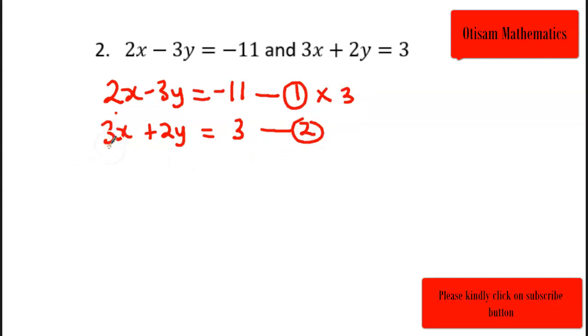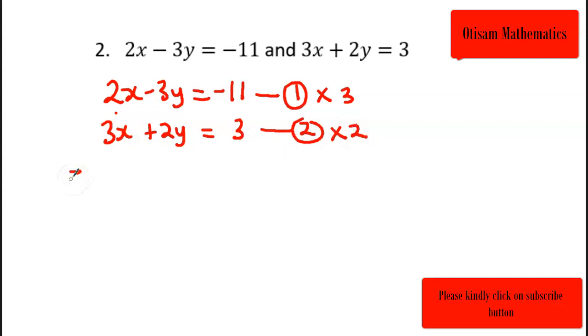Then what should we multiply by 3 so that we get 6? Answer is obvious, 2. So we are going to multiply equation 2 by 2. Remember, it's not only this term that you multiply by 2. You have to multiply through, each of the terms by the 2.